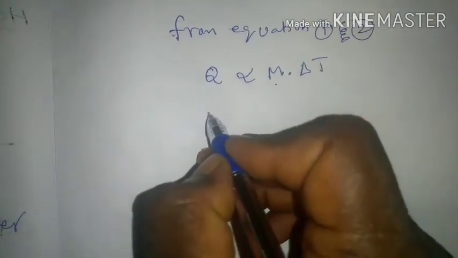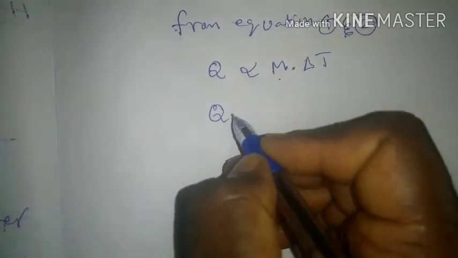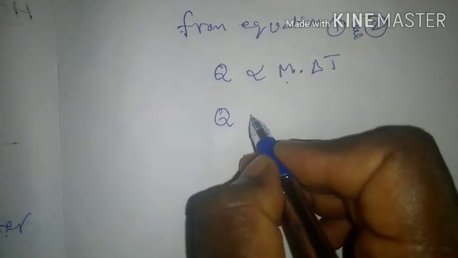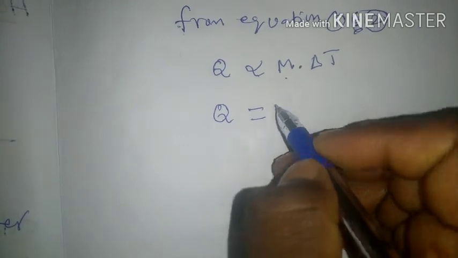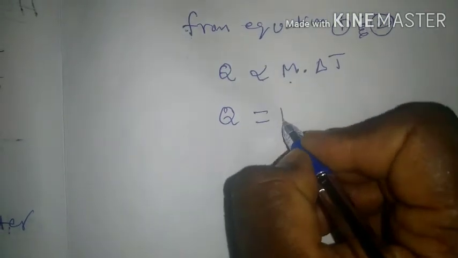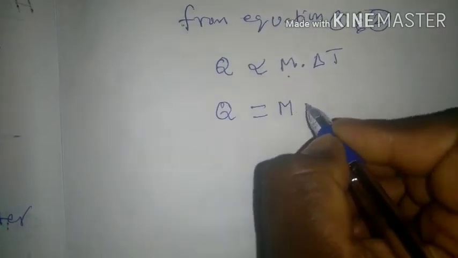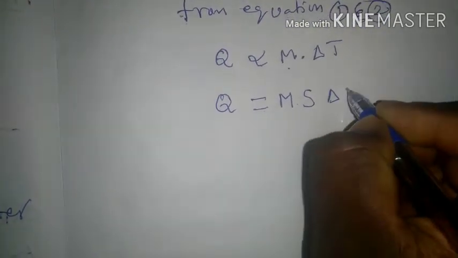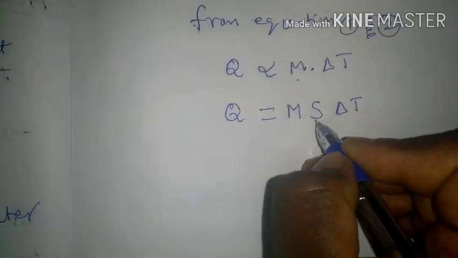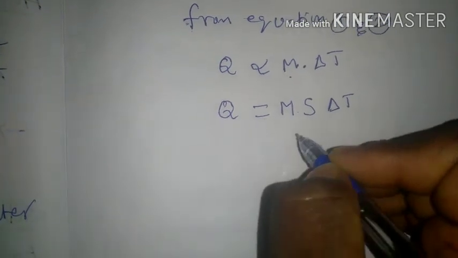Afterwards, Q is equal to, proportionality becomes equality, m into s into delta T. Here s is a constant value.